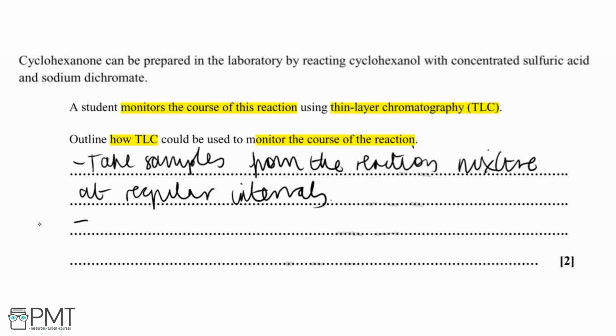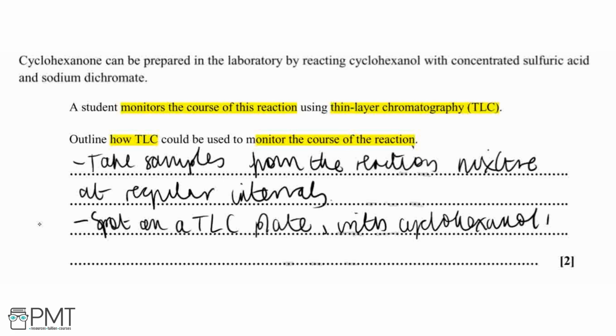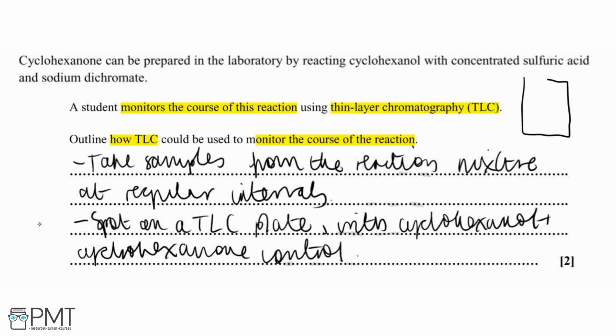And then with these samples, we can spot them or run them on a TLC plate with a cyclohexanol and cyclohexanone control. So what we will have is we will have a TLC plate looking something like this.